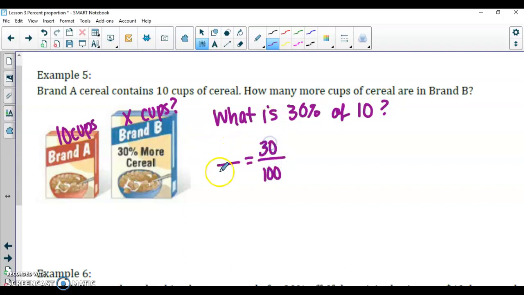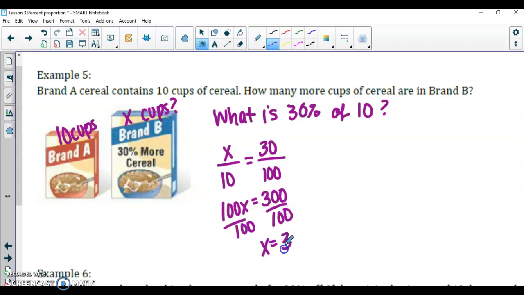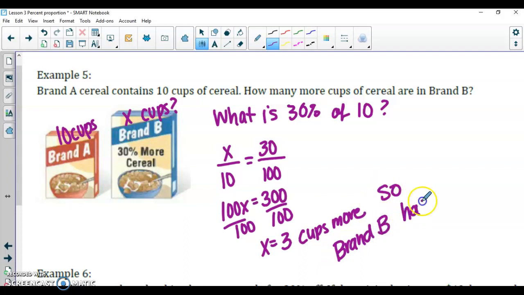Percent is 30. Of number is 10. I'm looking for x. So 100x equals 300. Divide by 100. x equals 3 cups more. So brand B has 10 cups plus 3 more, so 13 cups total.